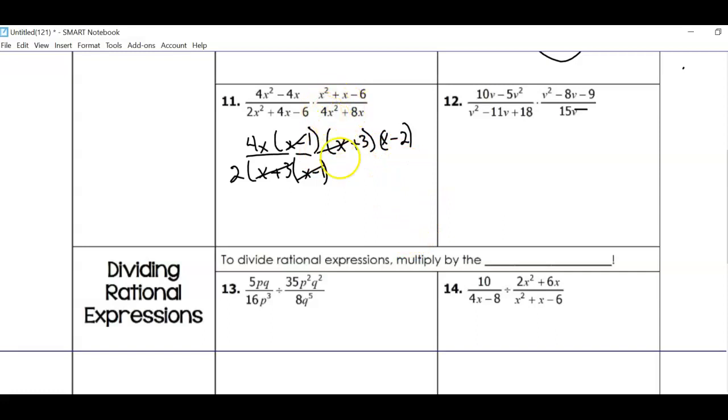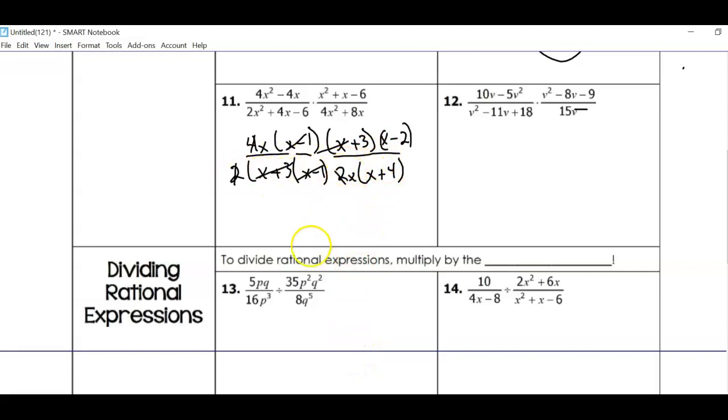Okay. So I need to still factor out my denominator over here. So this is going to be 2x. And what am I left with? X plus 4. Okay, so looking at this, I have a 2 down here. It cancels out, makes a 2 up here, which cancels with this 2. So all the numbers are going.